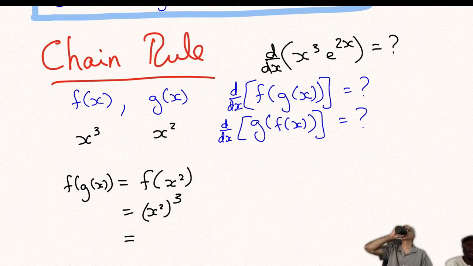So x squared multiplied by x squared multiplied by x squared, right? So we just add up the powers, the exponents, 6, and this would be x to the power 6.